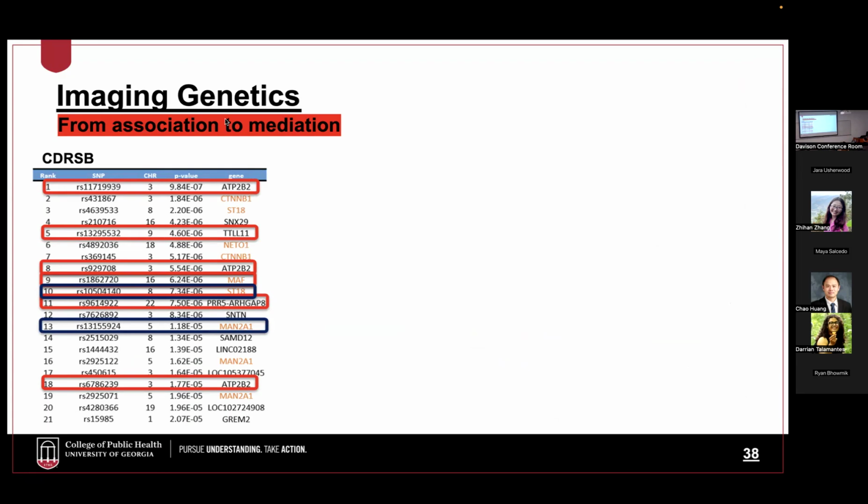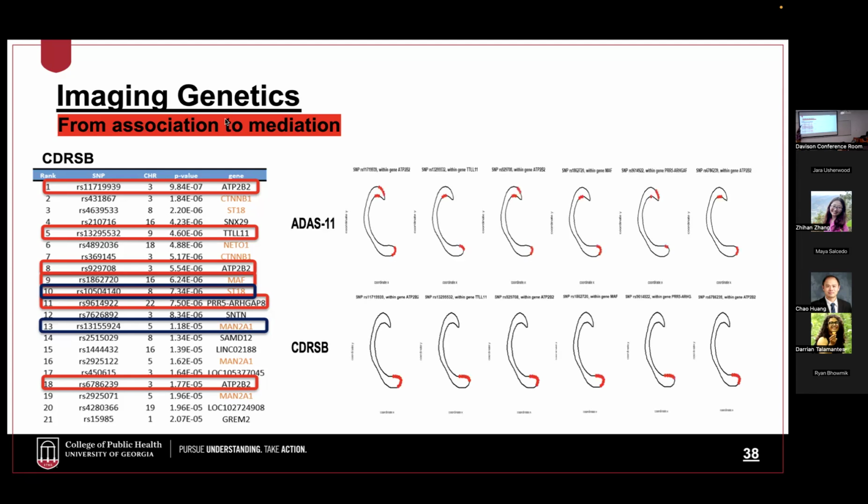We can see that compared to the previous findings, we find some additional genetic markers here that had not been discovered in the previous slides. Also for some of these detected SNPs, we compared the overlaps of the identified pathways, and we find there are some common pathways for both the ADAS11 and the CDR-SB clinical outcomes.